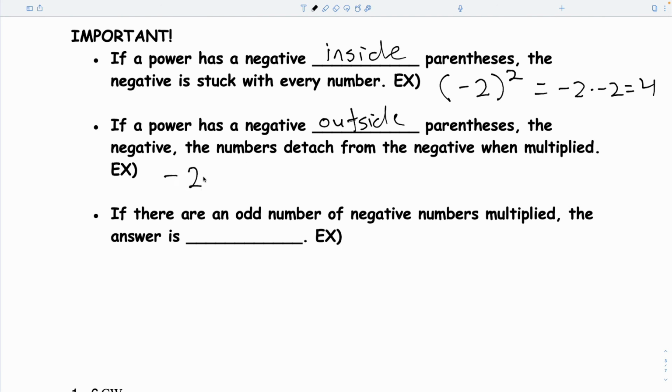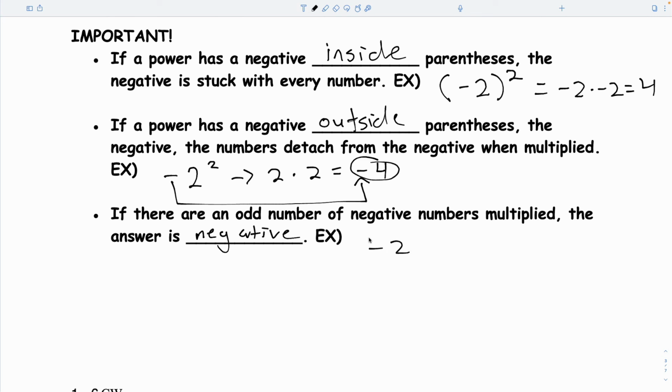If it's -2 to the second, this is 2 times 2, and then the negative gets dropped in the answer. If there are an odd number of negative numbers multiplied, the answer is always negative. Last example would be -2 inside parentheses to the third, that is an odd number exponent, so you know the answer should be negative.